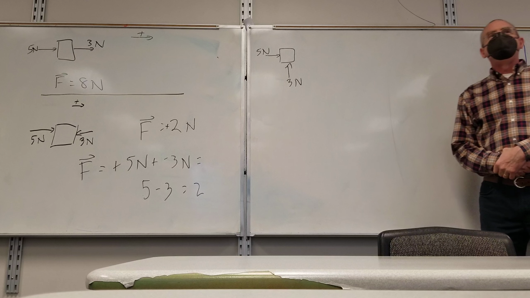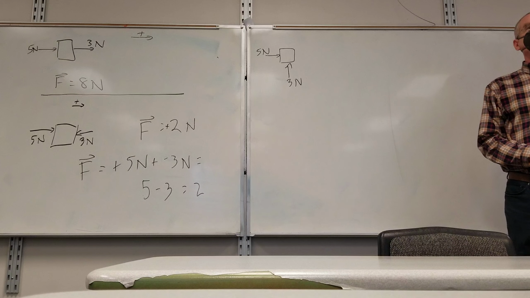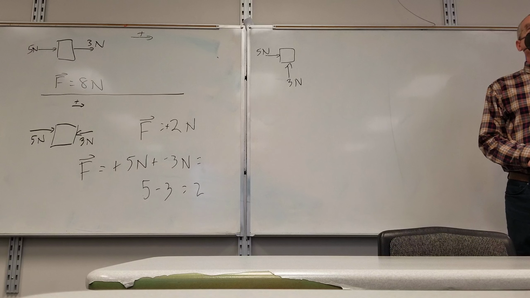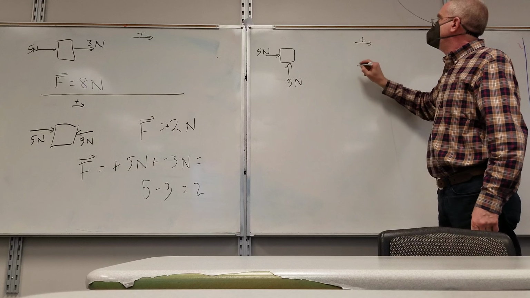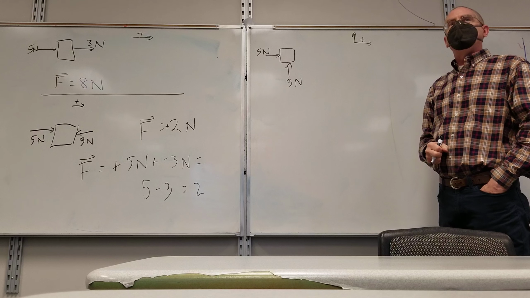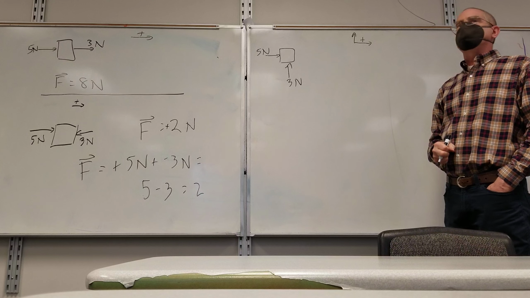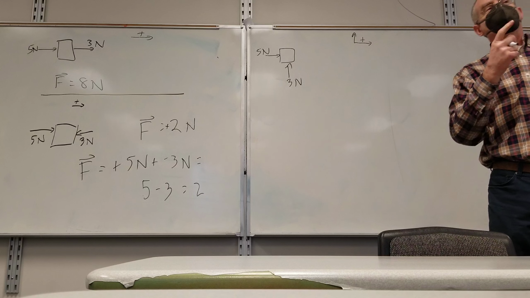It's still 8 newtons, right? No. Like 5 newtons. Which way is positive and negative? All right, what do you want to make positive? Okay, so that means positive 8 newtons. No? We got to do something more than that. Okay, that's why it's more complicated.